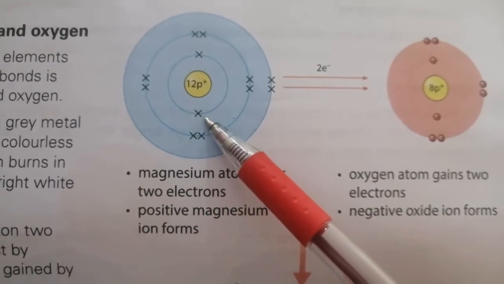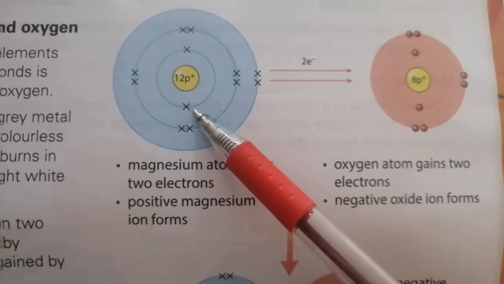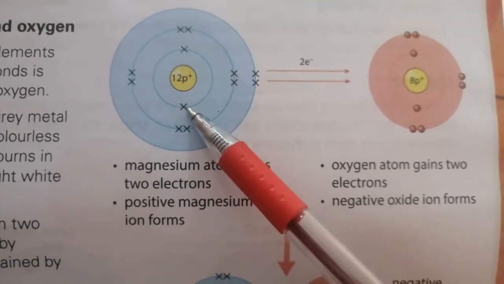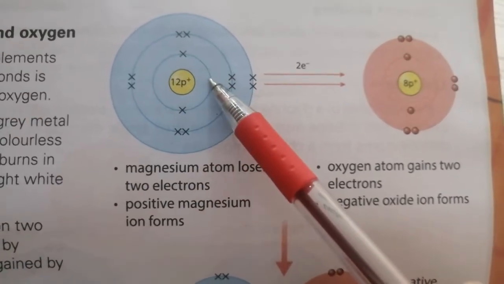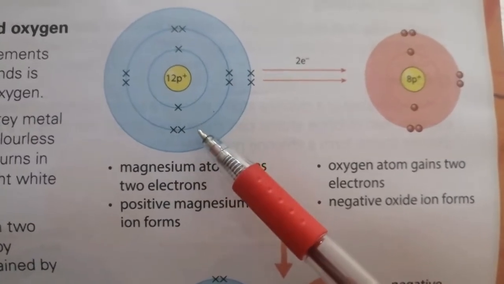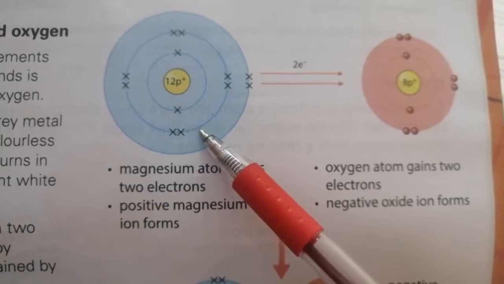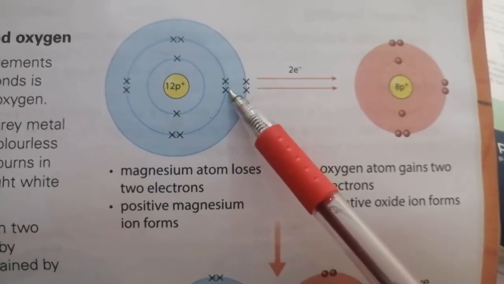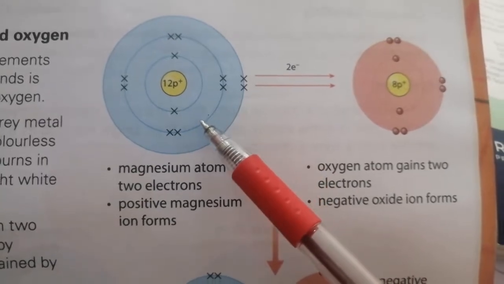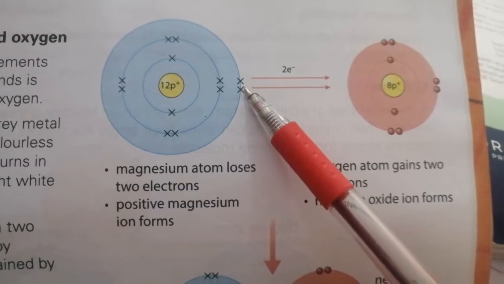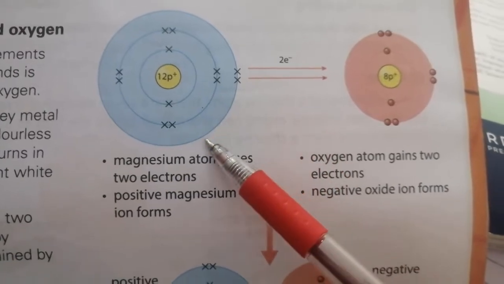Applying the rules of duplet and octet, 2 electrons, represented here as 2 crosses, will be accommodated in the first shell. The second shell will contain 8 electrons. You can easily count these electrons by these crosses. And the rest of the electrons, which are 2 in number, will move to the third shell.